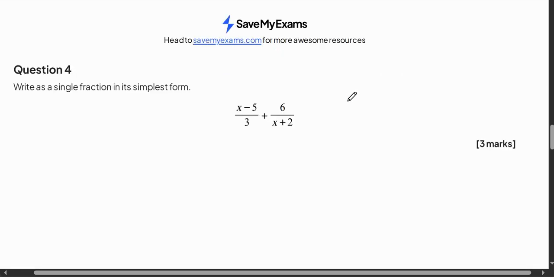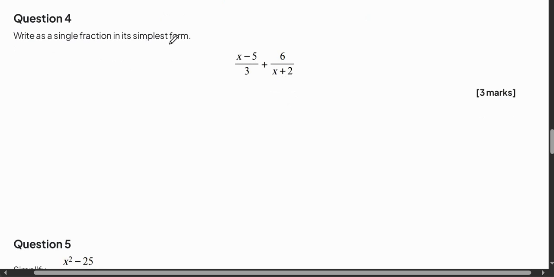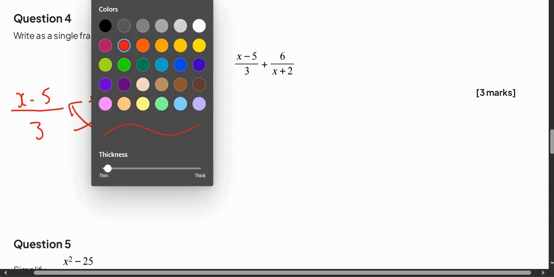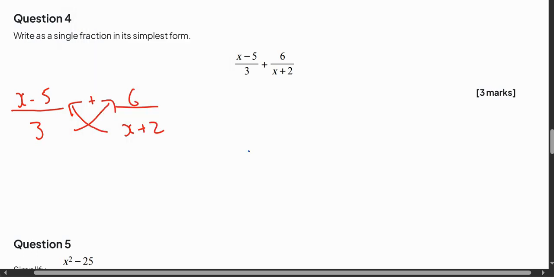Next question, we have to write this as a single fraction in its simplest form. Again, same thing. X minus 5 upon 3 plus 6 upon x plus 2. Cross multiply guys. Okay. So this becomes x minus 2 multiply by x minus 5.